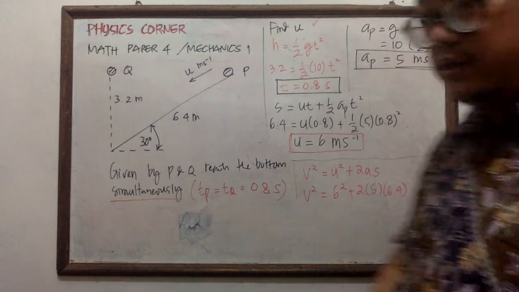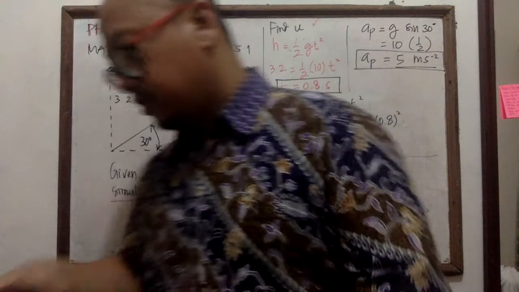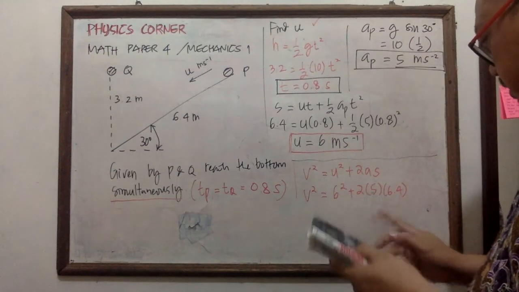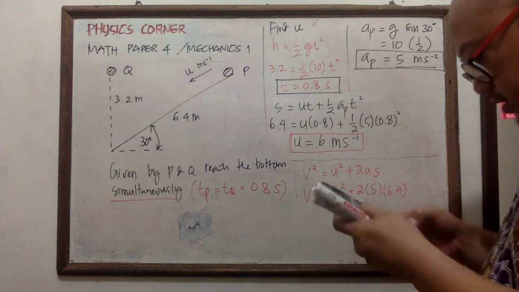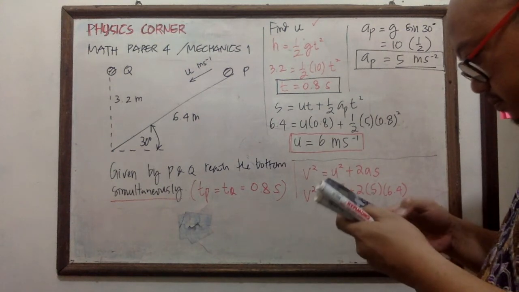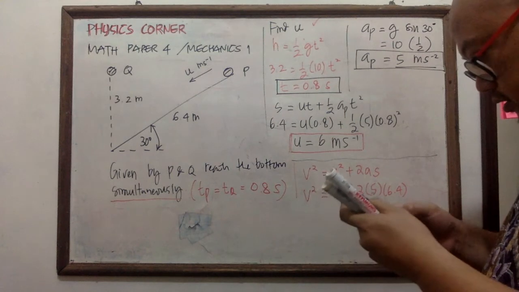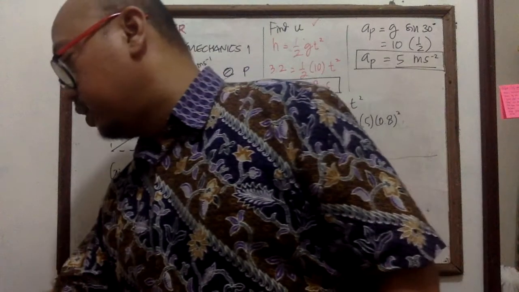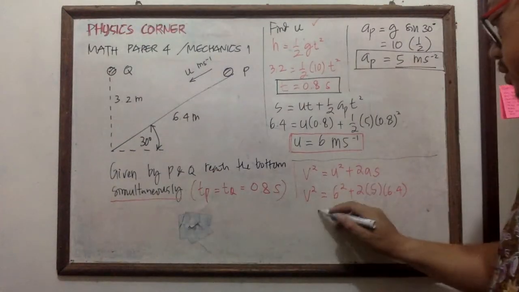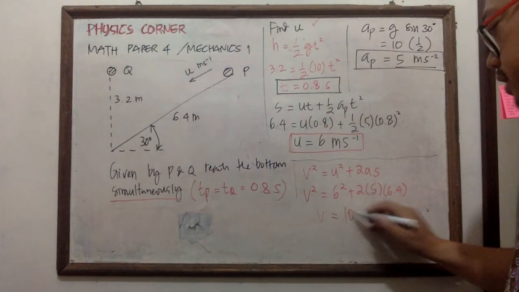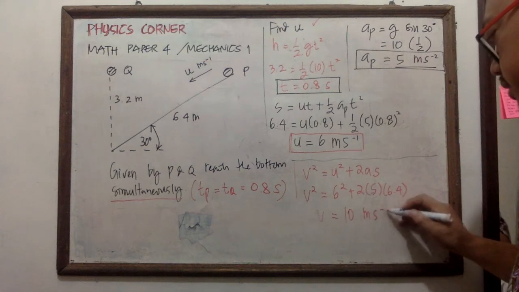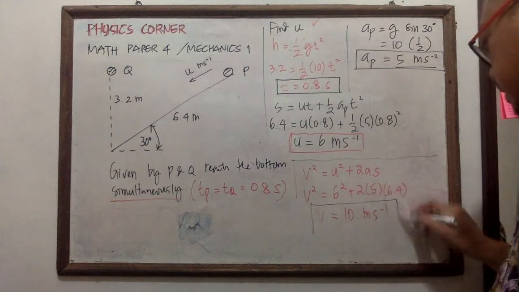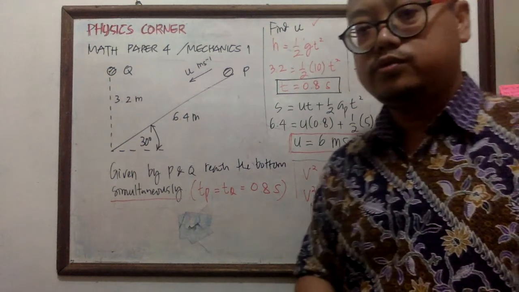So we can use this number again: 10 times 6.4 is 64. 64 plus 36 is 100. V squared is 100, so V equals the root of 100, that's 10 meters per second minus 1. Okay, finally we get the answer to question 2.